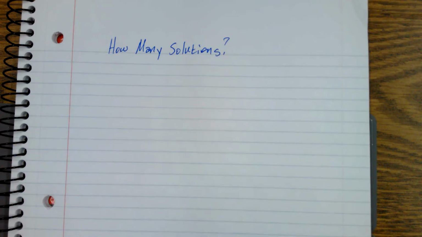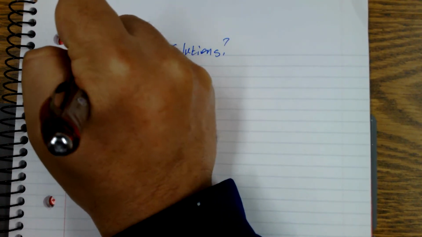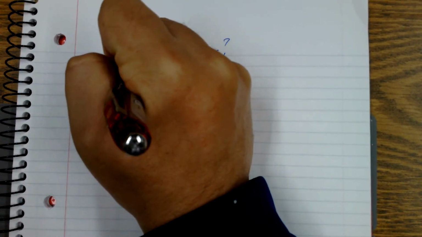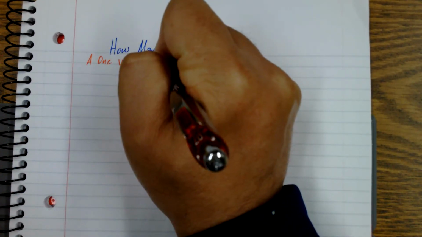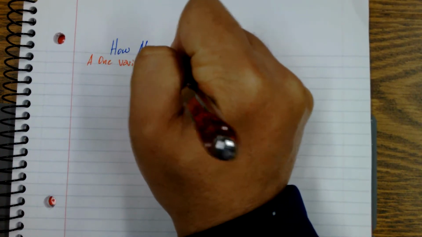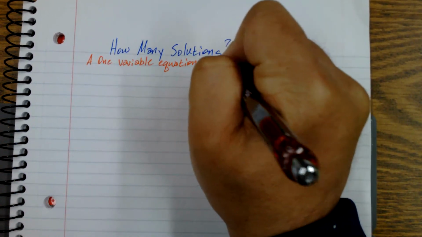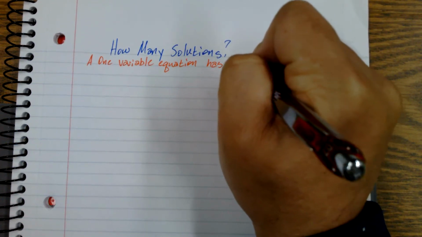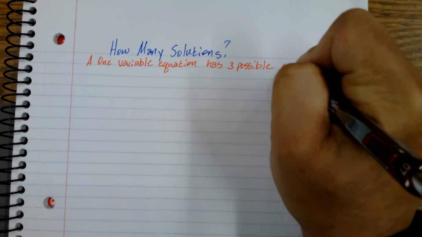So, real important, we can say that a one variable equation has three possible outcomes. A one variable equation has three possible outcomes.